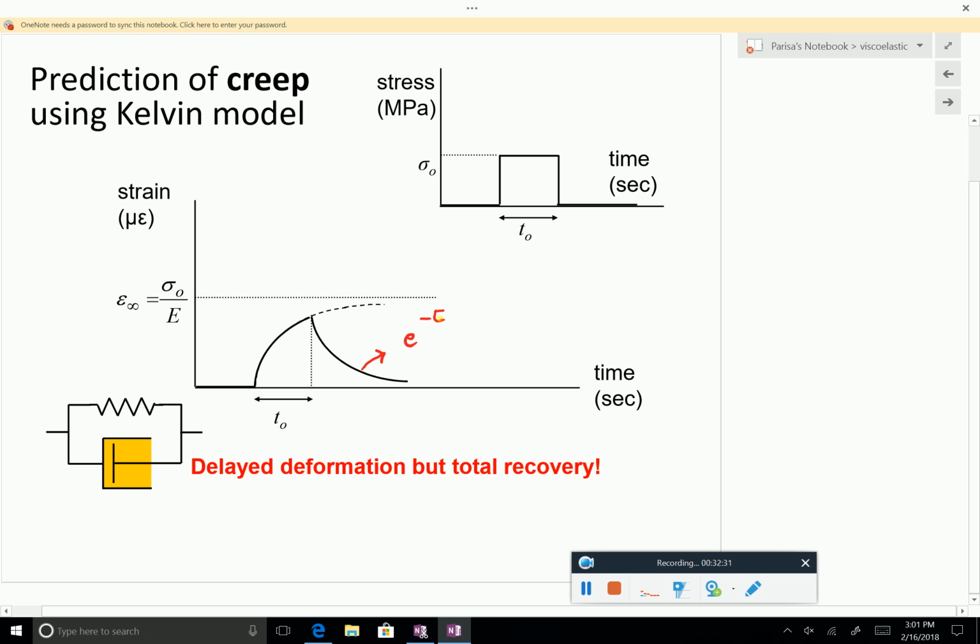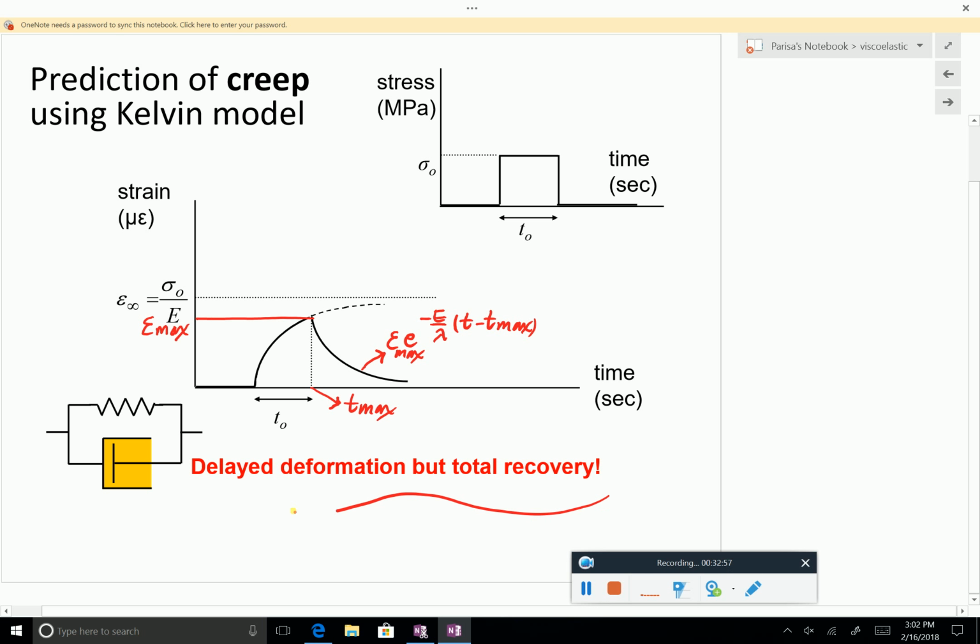Again, if you start from here, it's going to go back, and this is t max. What is important is that you remember that it's going to go back exponentially.